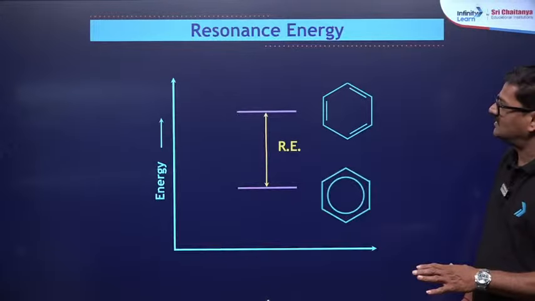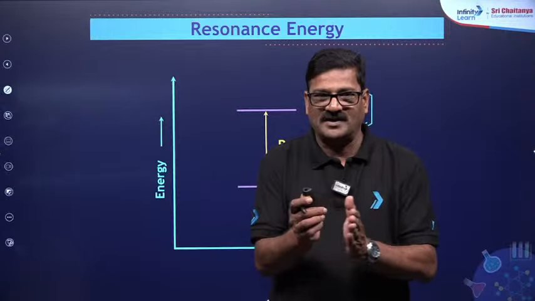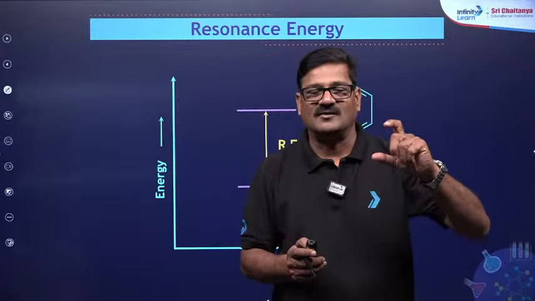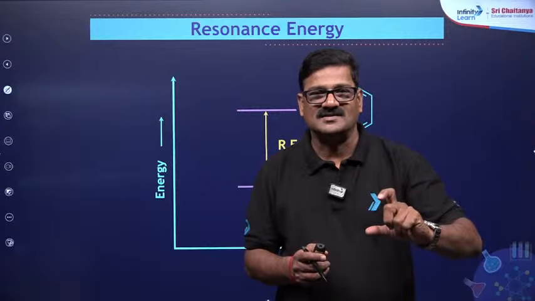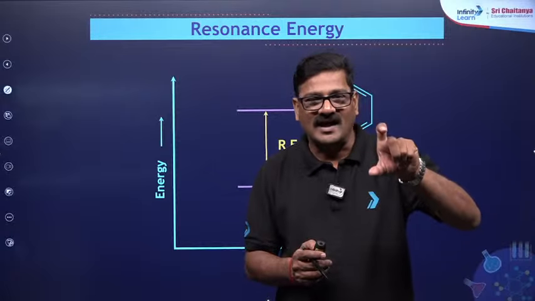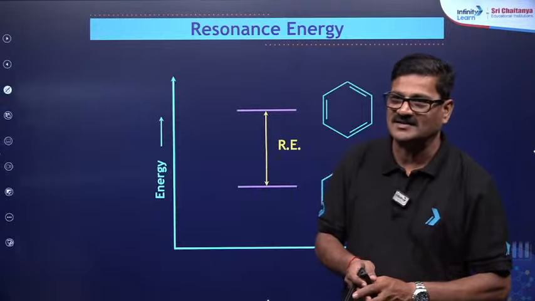Okay, resonance energy. So resonance energy is the difference between one of the stable resonating structures and the resonance hybrid, and that energy is used for the stability of the molecule, that is called resonance energy.